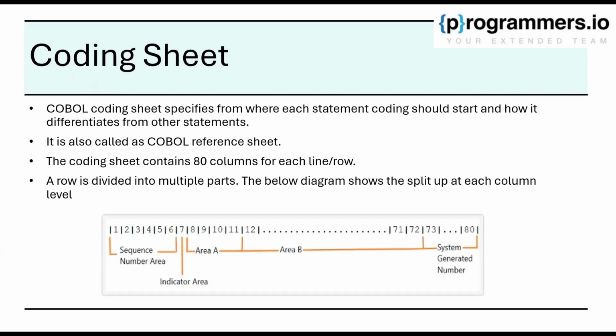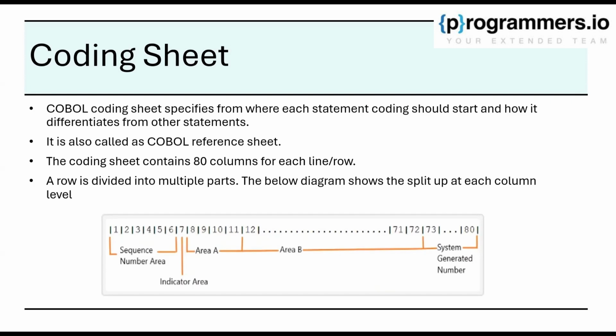So the first is the coding sheet. Coding sheets have their roots in the punch card systems. While punch cards are no longer used, the structure format remains essential for consistency and readability.